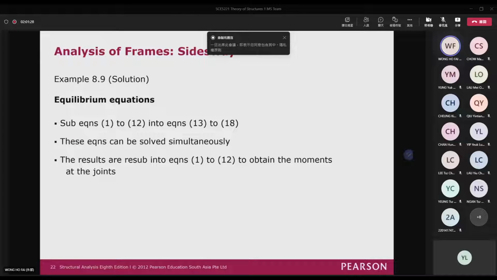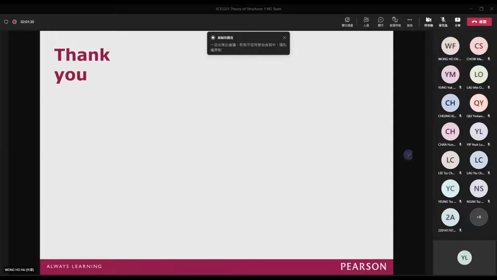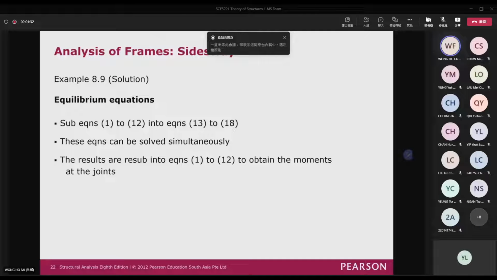And then you will have 2 additional equations. So totally, you will have 6 equations to solve for 6 unknowns. Then once you find all the values, you just substitute back, and then you can find the member end moment. Now for this one, actually, it is quite tedious because you need to solve for 6 unknowns by using 6 equilibrium equations.